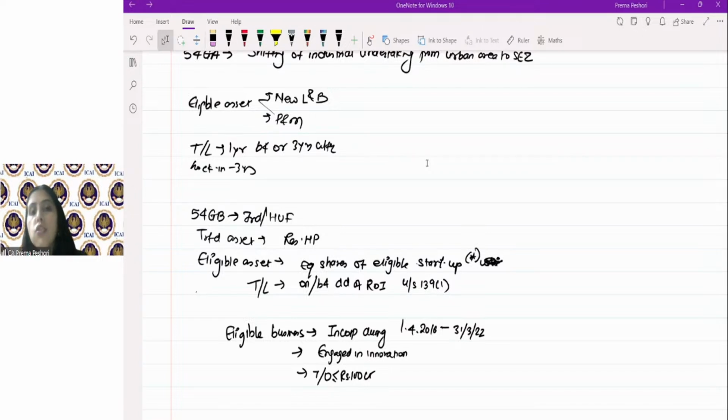So the amount of consideration should be used by the individual or HUF before the due date of furnishing the return of income for subscription of equity shares.